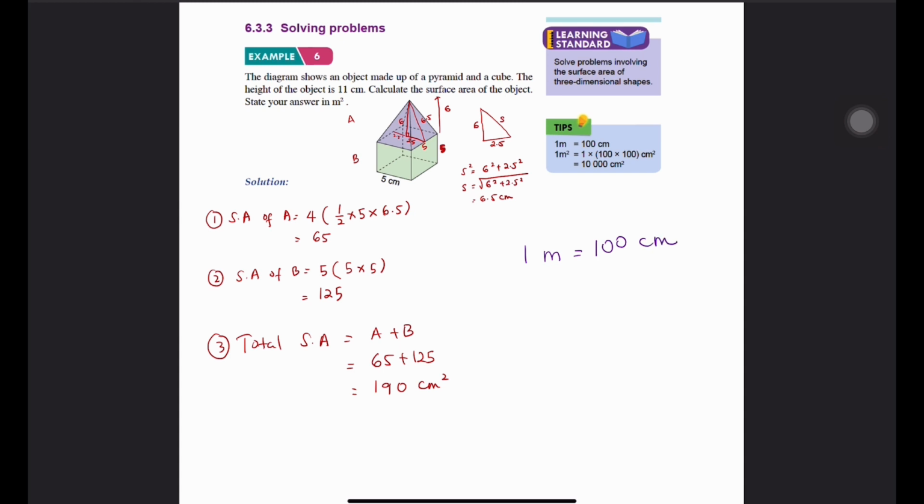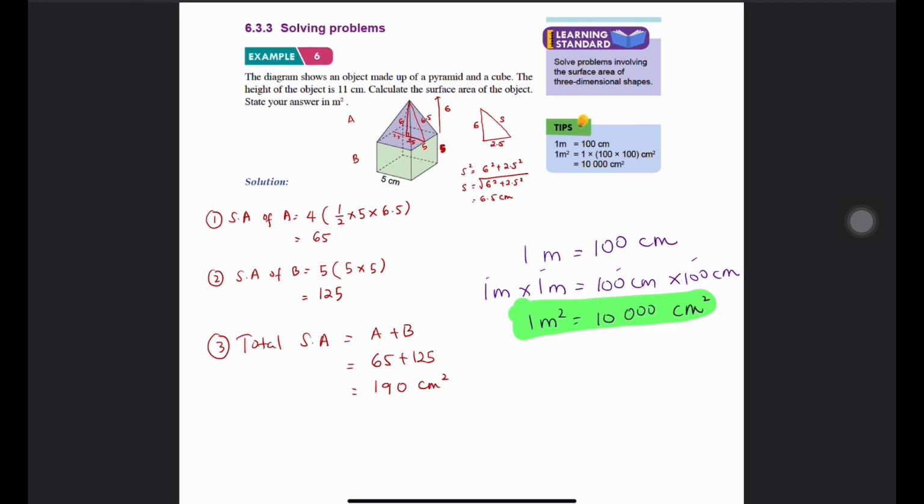So 1 meter square is actually 1 meter times 1 meter. For this part also 100 centimeter times 100 centimeter. We get 1 meter square because 1 times 1 is 1. Over here 100 times 100 is 10,000 centimeter square. So this is your conversion value.